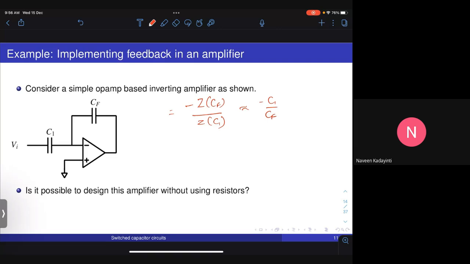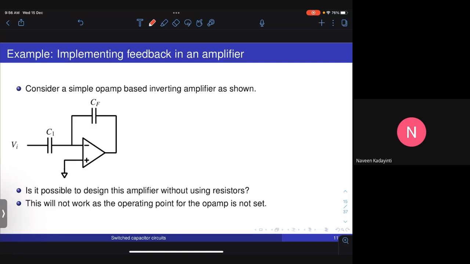Okay, so will this work? Yes? No, it won't work actually. Because what you need for an op-amp is negative feedback to establish the operating point.